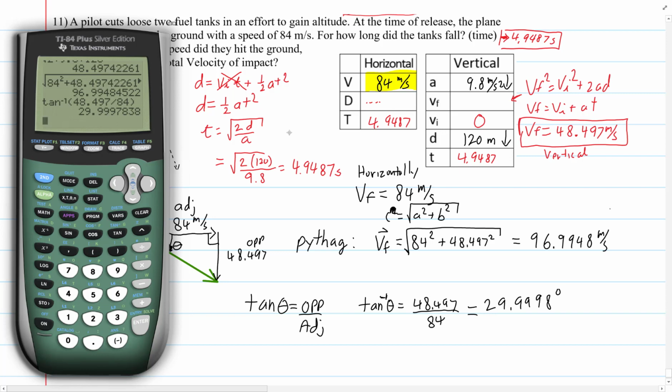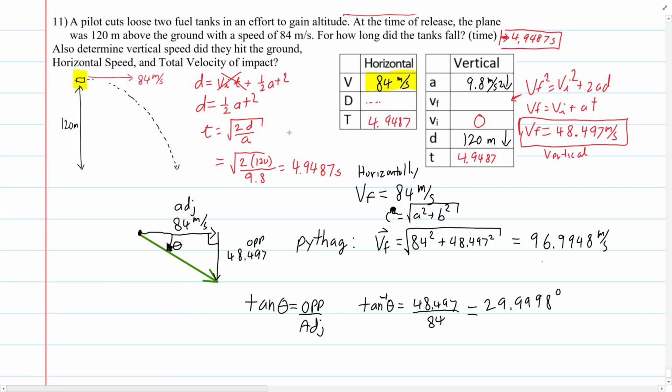So how do I label all this? How do I put it together as one complete answer? Because we have two numbers to put down there. We write down that the final vector velocity is, and I'll just do this to 97 meters per second. Now with square brackets, now I put the angle, which is 30 degrees. I'll put 30.0 degrees.